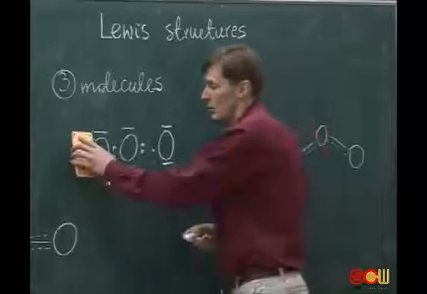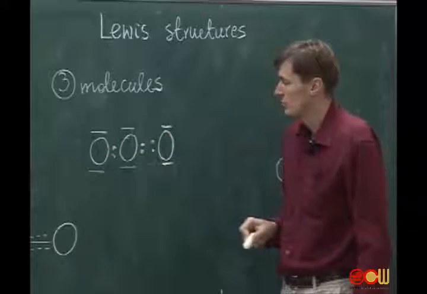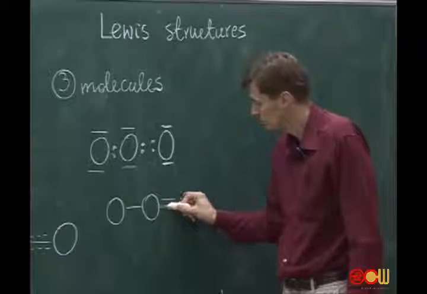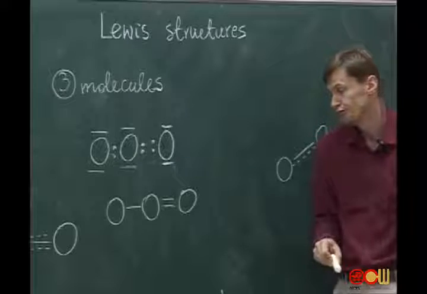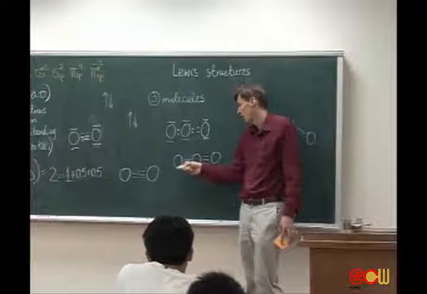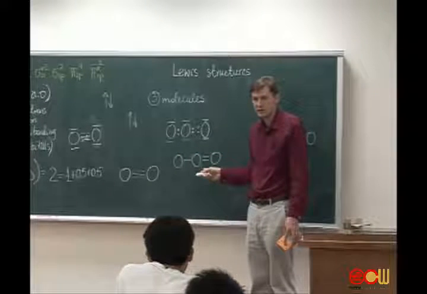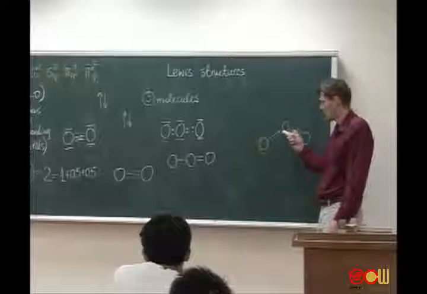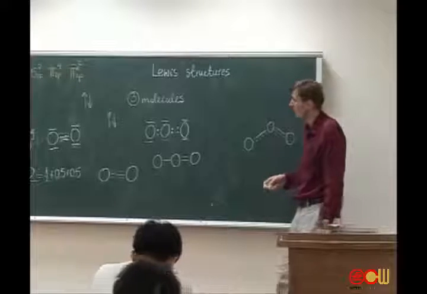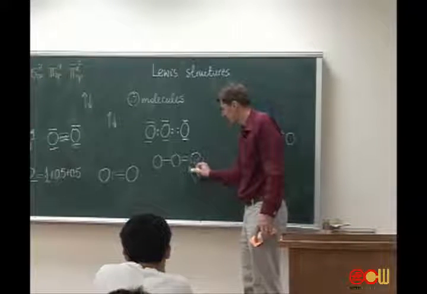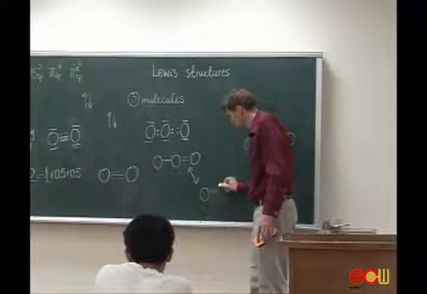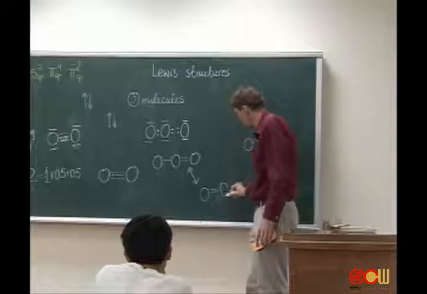And this unpaired electron can travel all the way here, making a molecule that looks like that. I can already understand the triple bond for oxygen. It's okay. But this molecule is not symmetric. Why? The experiment shows that the molecule is perfectly symmetric. This bond and this bond are the same. So what the Lewis structure did, it said that there is a resonance, with another molecule like that.